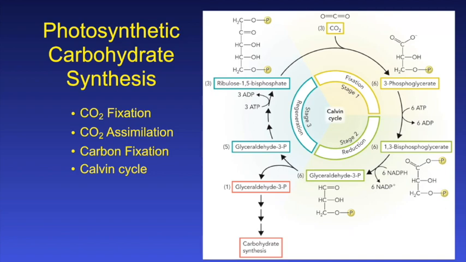Then in stage two, this is where we're going to use all the energy. We're going to reduce them, okay? Because CO2 is very oxidized, the sugar is reduced, and so we have to invest power. This is where we invest all that ATP and all that NADPH that we produced, and then we create a molecule right here.